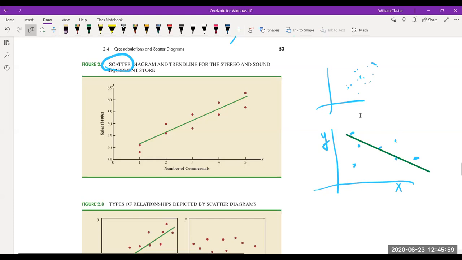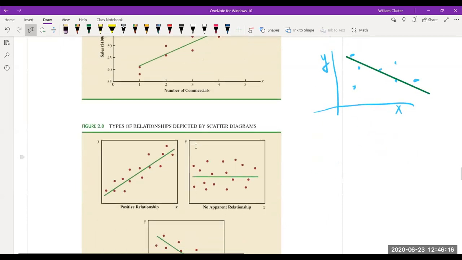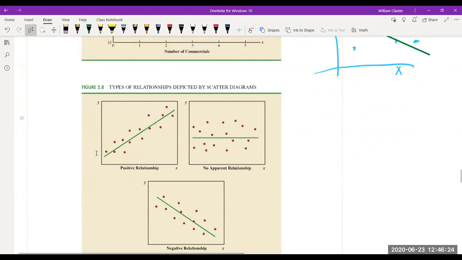Okay, so we can see a relationship between these two variables. And the types of relationships that we talk about are this type and this type. This type we say there's a positive relation. This type we say there's a negative relation.